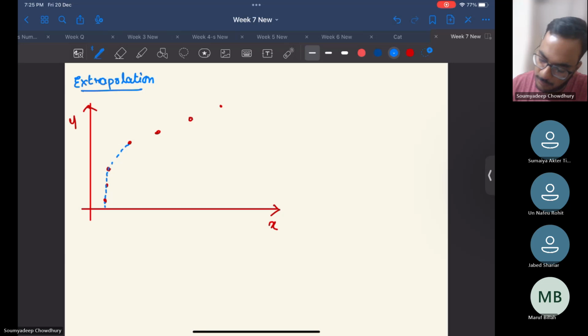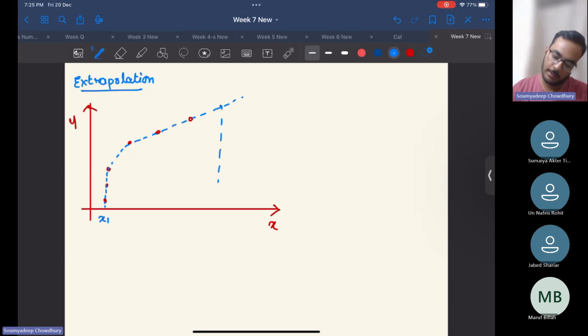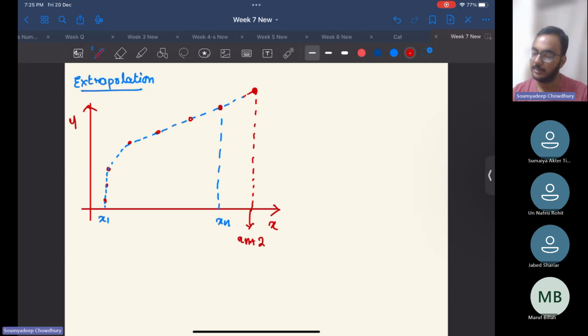You join them, and suppose I have performed the experiment for x1 till here, say xn, and I want the value of the dependent variable at some other point, say here. So basically we extend the curve. That is what is meant by extrapolation. We extrapolate our curve and find the functional value at this point, say xn plus 2.